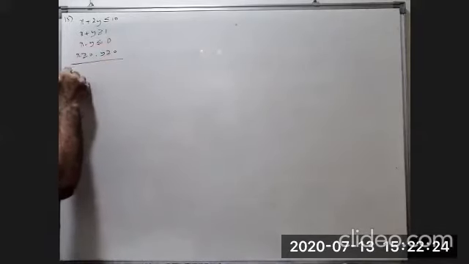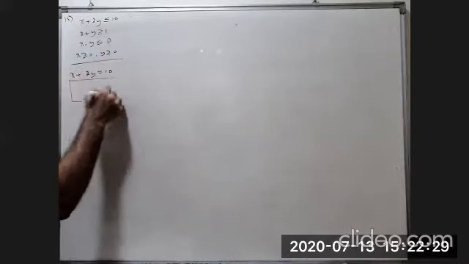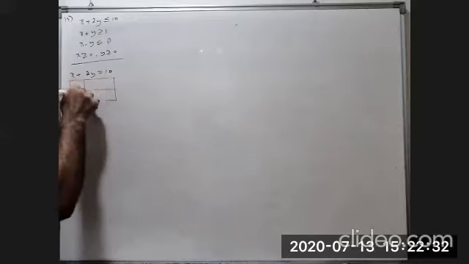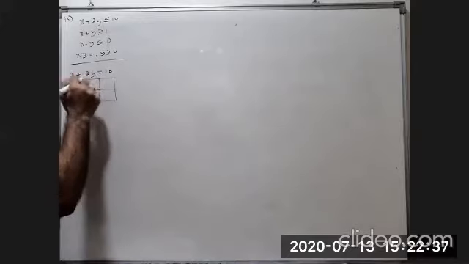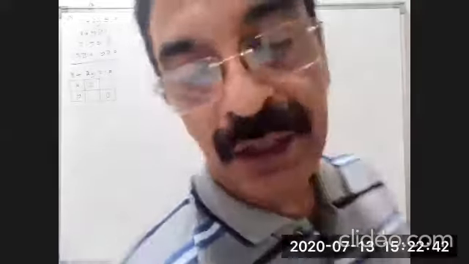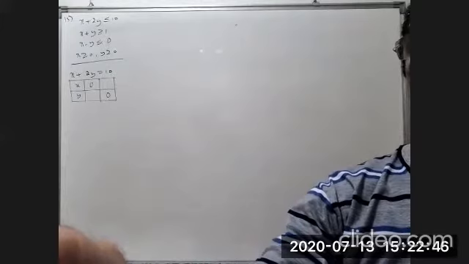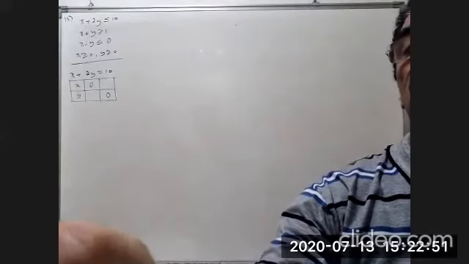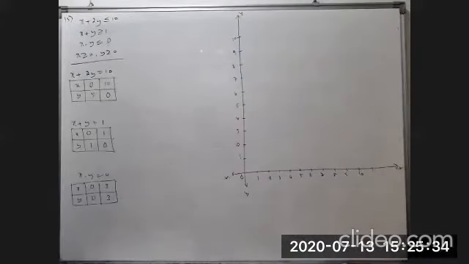So first one, x plus 2y is equal to 10. x and y, both are factors of 10. So put x equals 0, then put y equals 0. Get the coordinates, the points, and draw the lines.